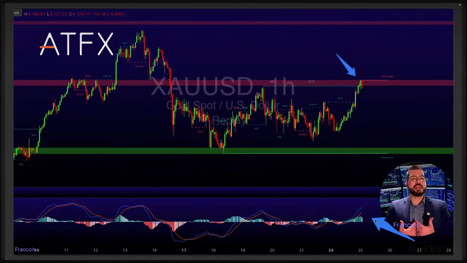Well, in my opinion, you might want to decide to stand aside until you see either momentum cooling or a clearer shift. Again, the idea is not to trade every MACD cross. It's to use the MACD to confirm or question what your price action is showing you.